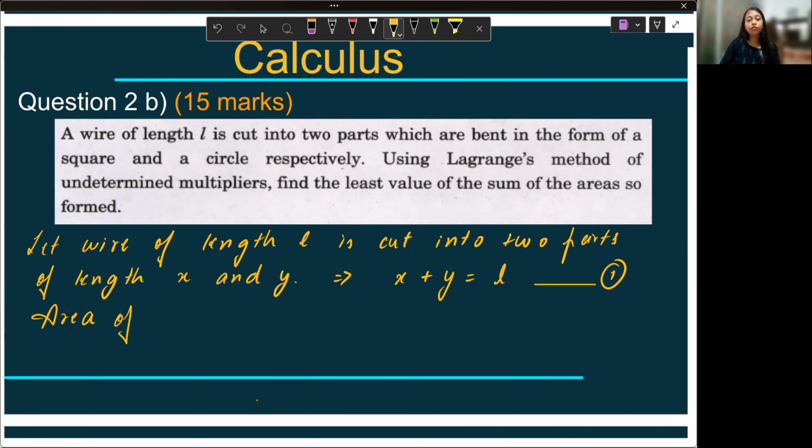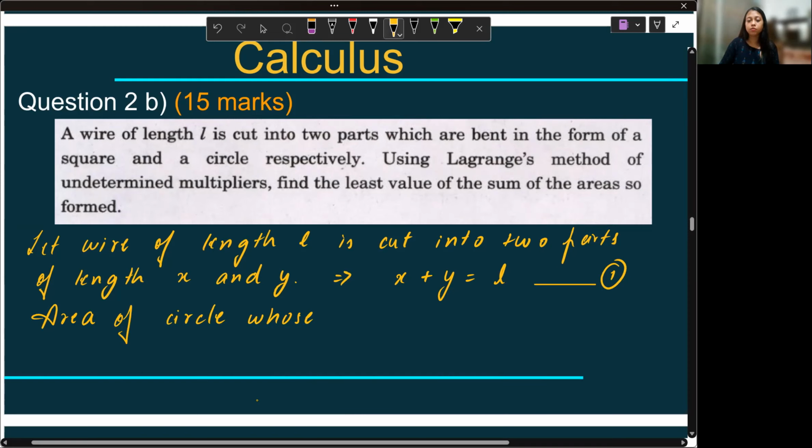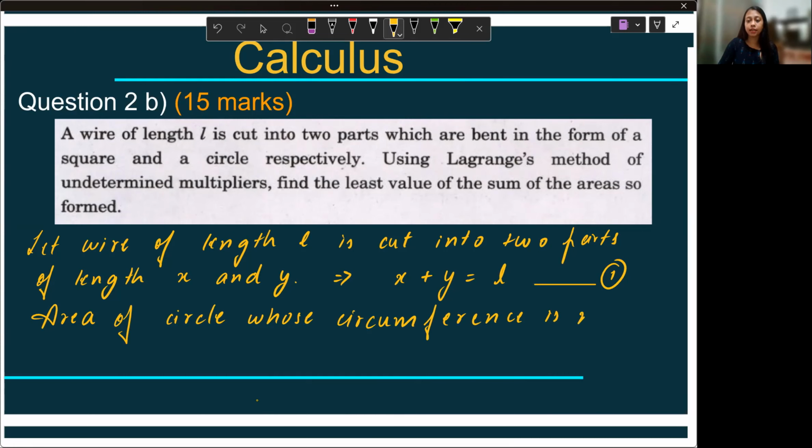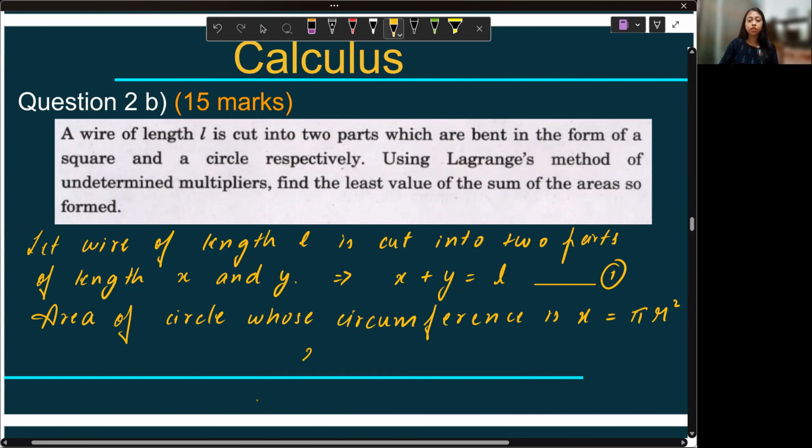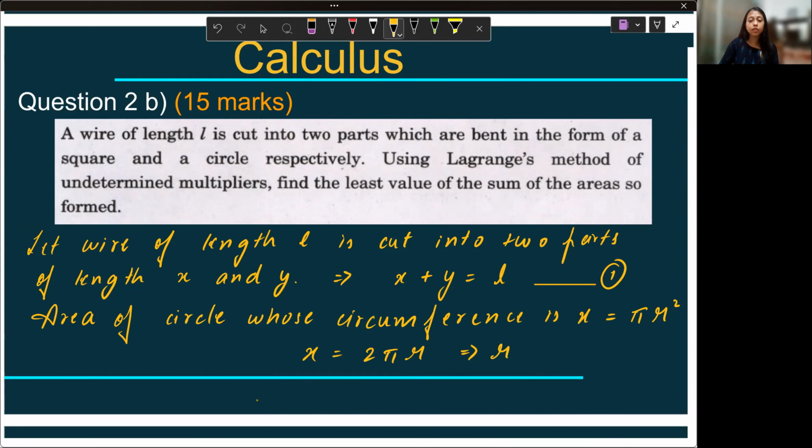So the area of the circle whose circumference is x is pi r squared. But circumference is 2 pi r. From here, I can calculate r. r is x by 2 pi, and let us substitute here.